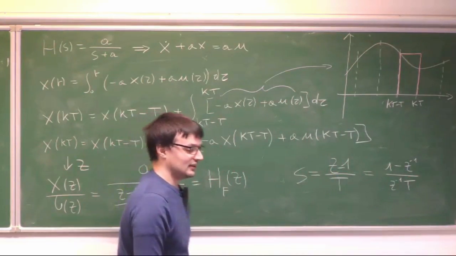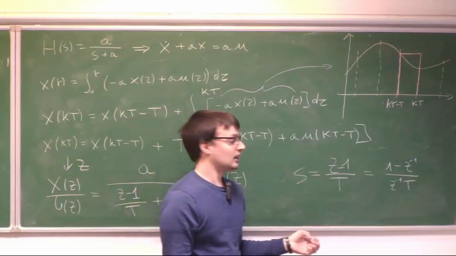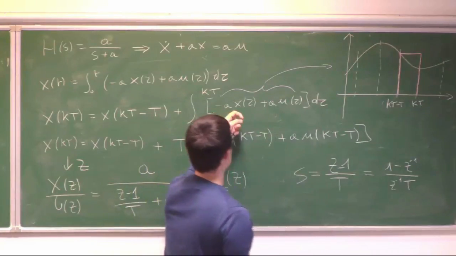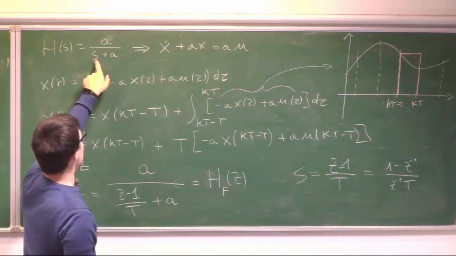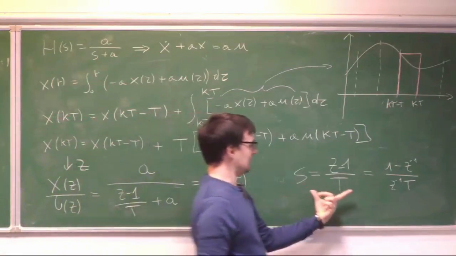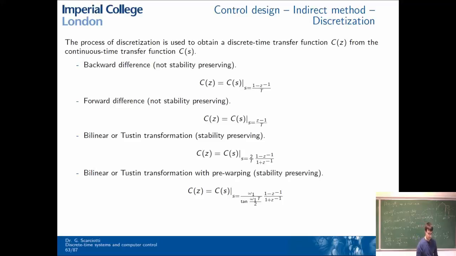So this is basically the first rule that we obtain. So if we approximate this integral with the forward rule, then the mapping between s and z is given by this rule. So if you look back at the slide, we have obtained the forward difference rule over here. So s is equal to z minus 1 divided by capital T.